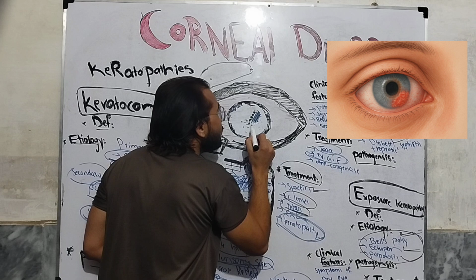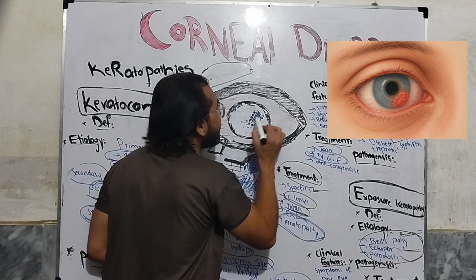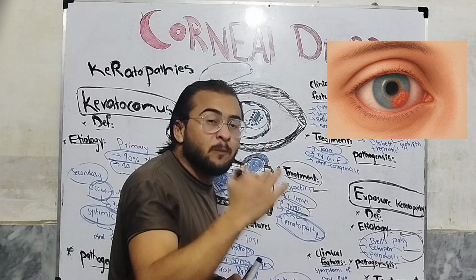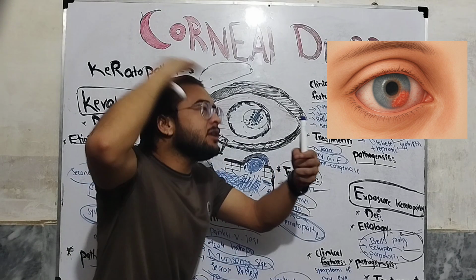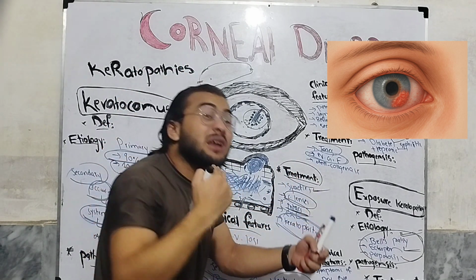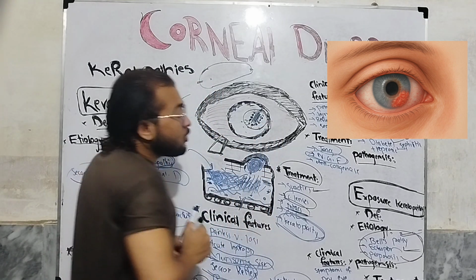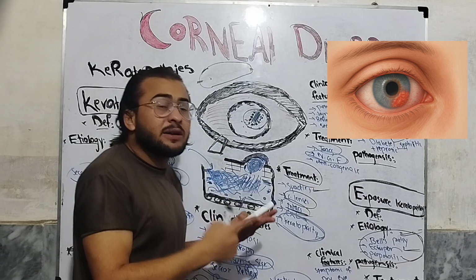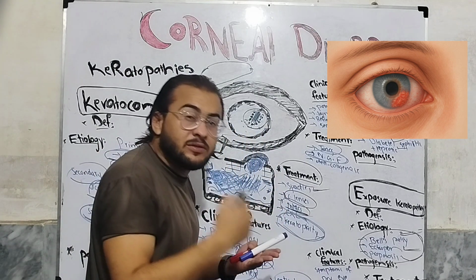This combination is called corneal filaments. And with each blink, these corneal filaments will rub the cornea and cause pain. Okay, so in exposure keratopathy, we will have pain, punctate epithelial keratopathy, mucus strands, corneal filaments, etc.